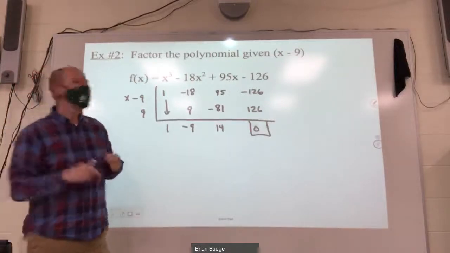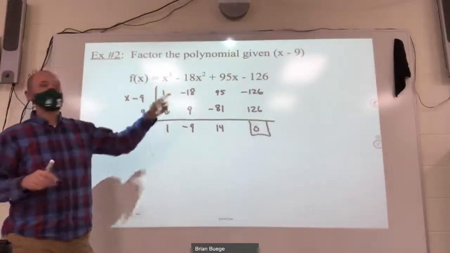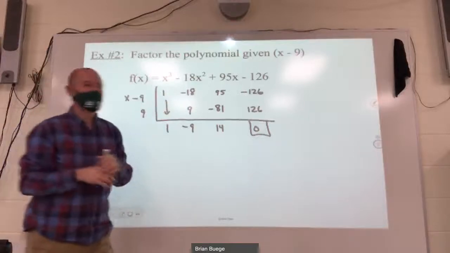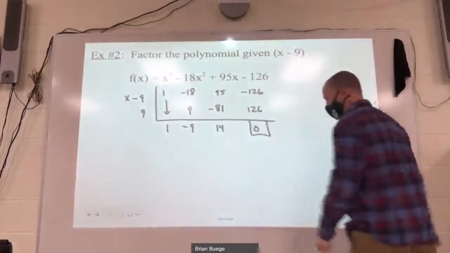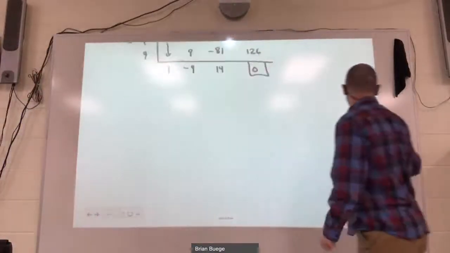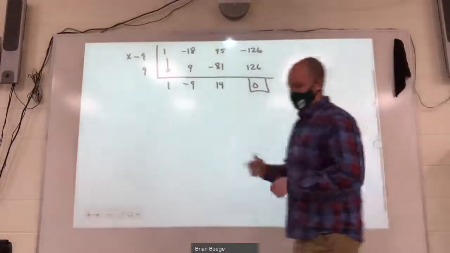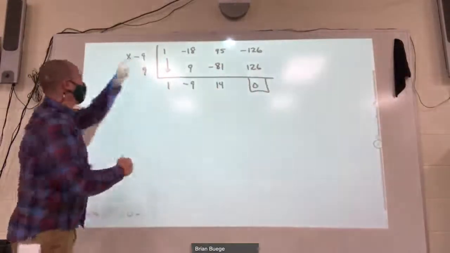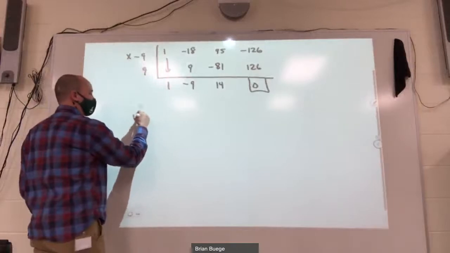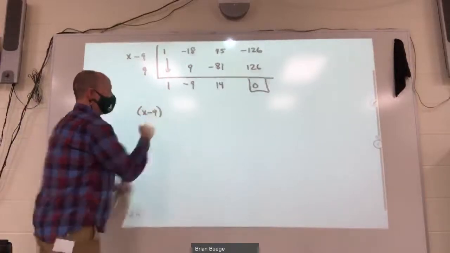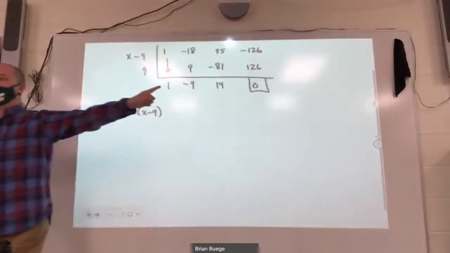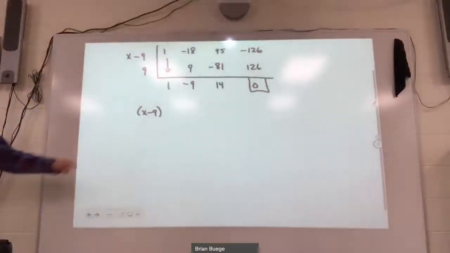Now, here's another cool part about synthetic division. We're not done yet. I found that it's a factor, but I have not factored the cubic function. Right now, I know that x minus 9 is one of my factors because I got a remainder of 0. Here's the other part.